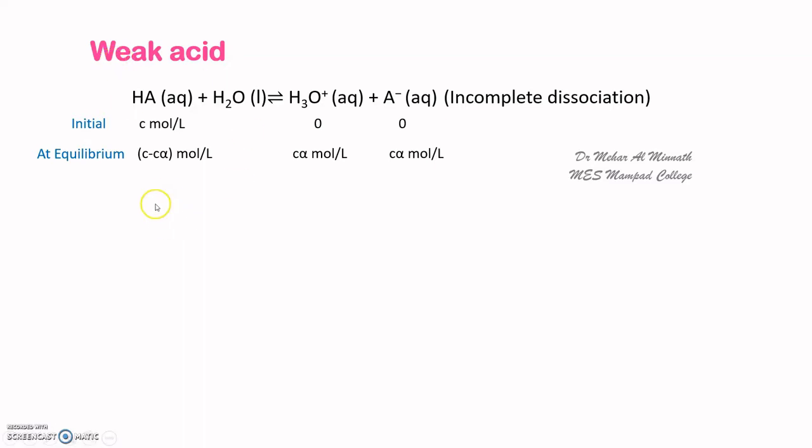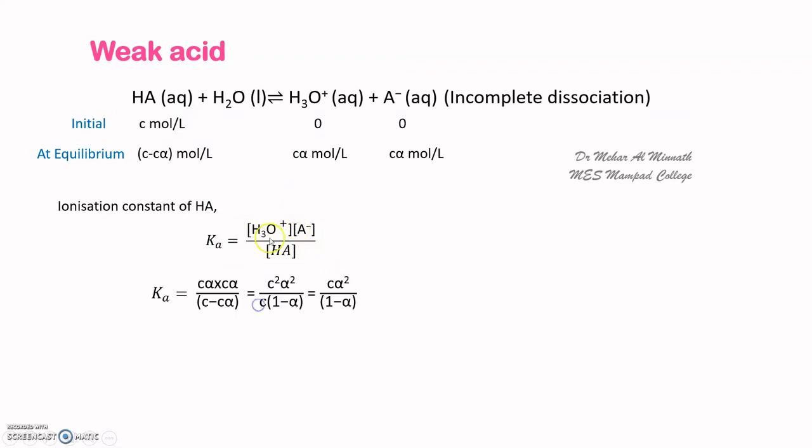Now using this, we can write the ionization constant or the dissociation constant of HA. That is, the ionization constant Ka is equal to concentration of H3O plus into concentration of A minus divided by concentration of HA at equilibrium. So what was the concentration at equilibrium for these species?